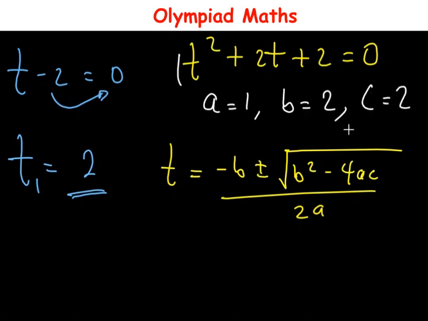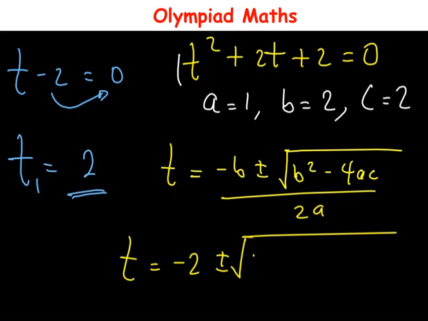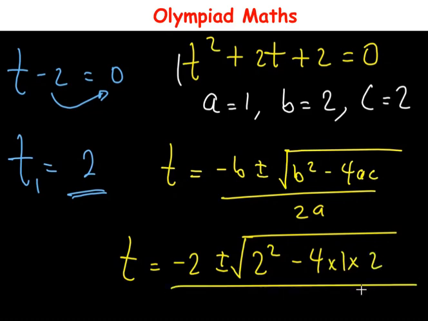So, putting these values into the formula, what we have as the value of t is equal to minus b, b is 2, so minus 2, plus or minus square root of b squared, b is 2, so 2 squared, minus 4 times a which is 1 times c which is 2, all over 2 times a which is 1.